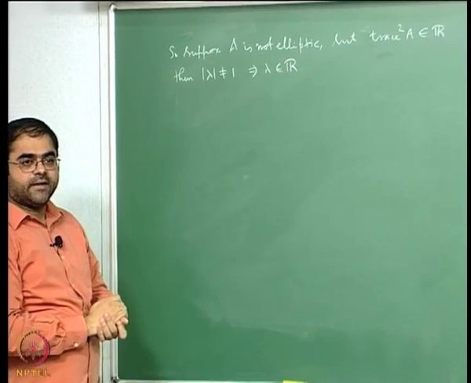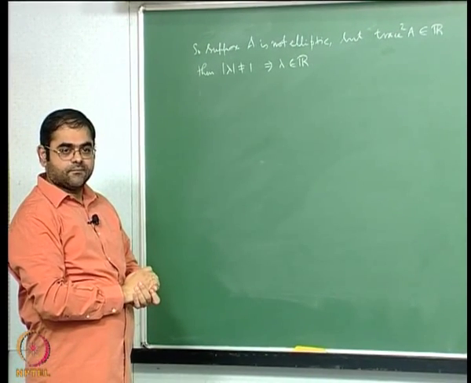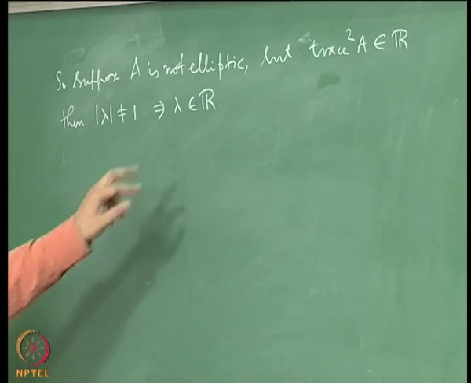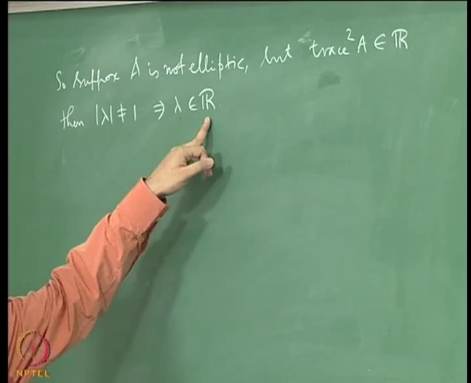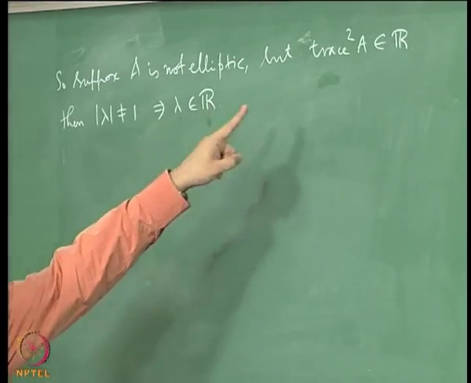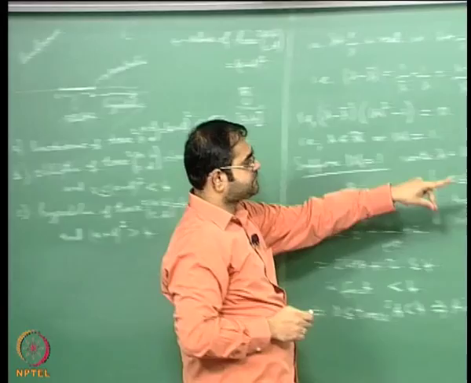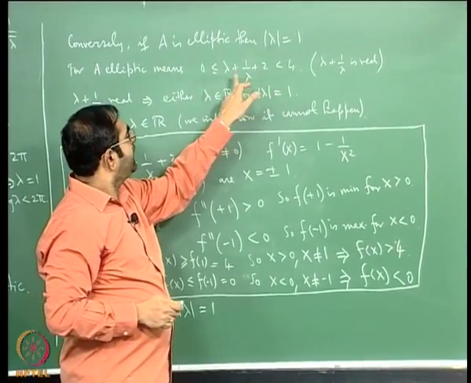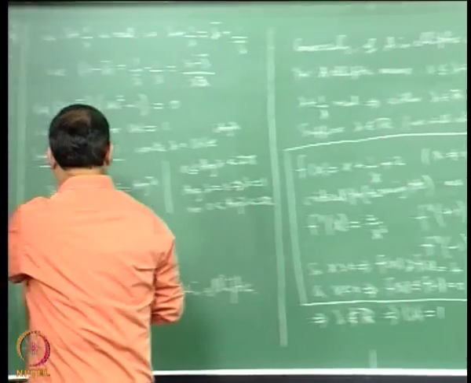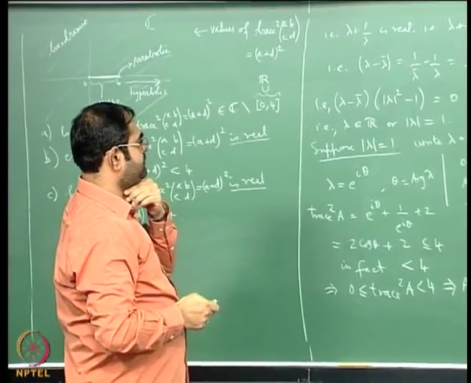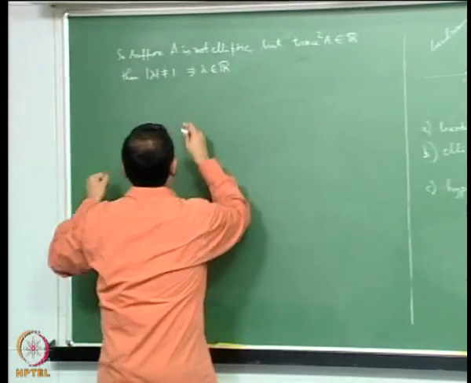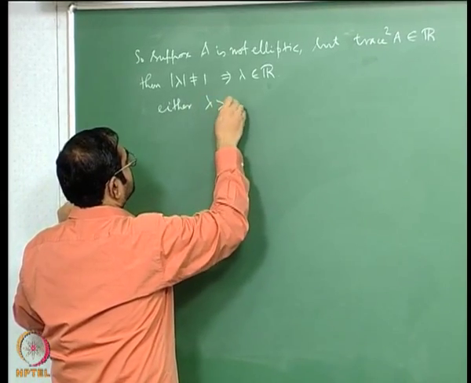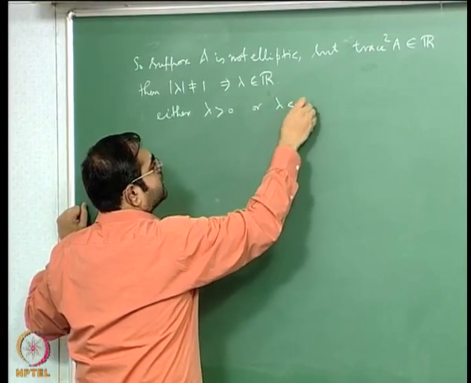Now if lambda is real, there are two cases: either lambda is positive or lambda is negative.